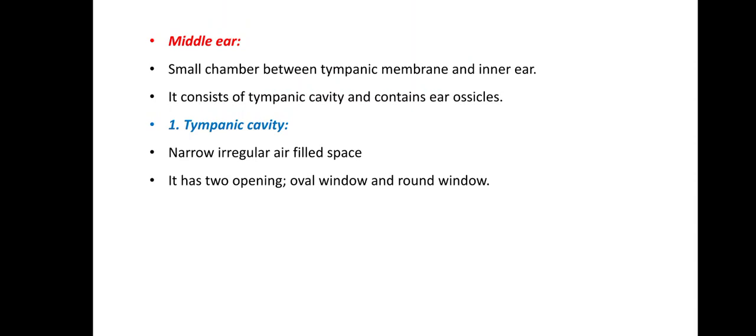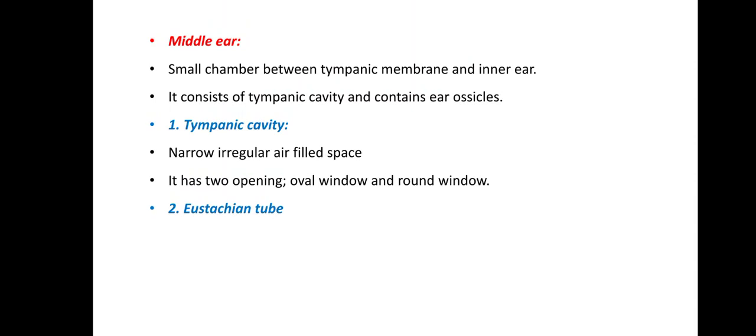Very important structure. In the anterior wall of the tympanic cavity is an auditory tube commonly called the eustachian tube. Means from the tympanic cavity arises one canal which internally opens into the nasopharynx, and this tube is called the eustachian tube.